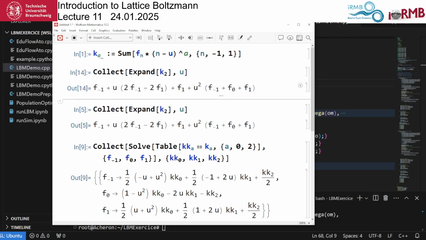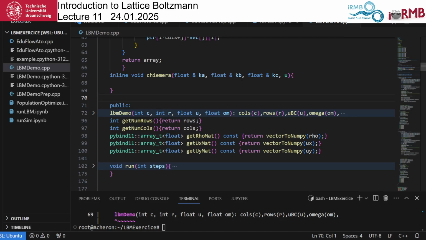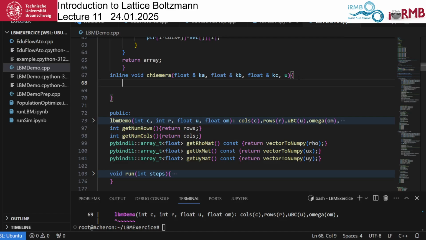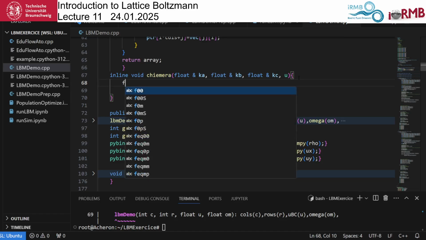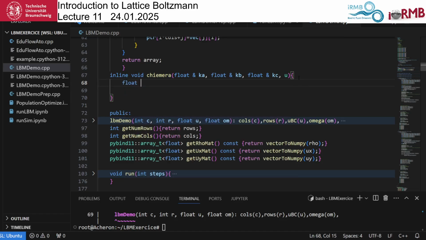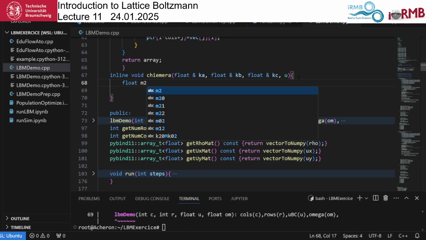Then we have a reason to compute it first. Now we can do this in a clever order, because the second raw moment is inside the zero moment. So what we would do is compute the second raw moment, M2, first.